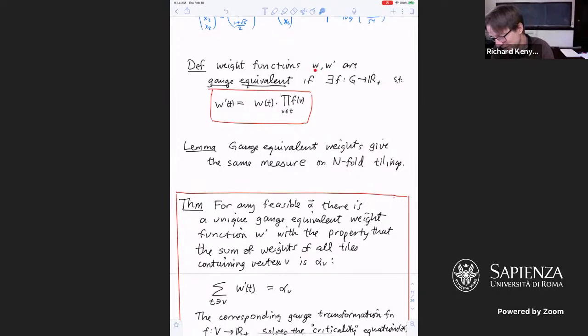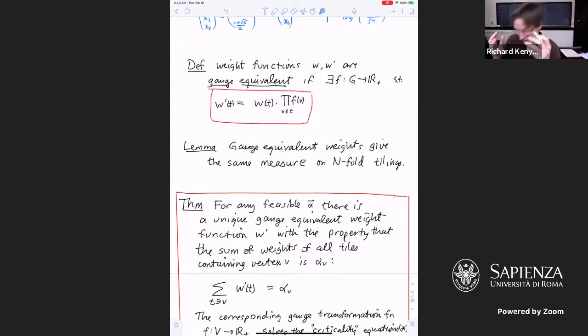We say the two weight functions, W and W prime, are gauge equivalent if W prime of a tile is equal to W of the same tile multiplied by some function on the vertices. So if there is a function f from the vertices of the graph such that you take the product of the function values at the vertices of the tile, and then you get the new weight function.